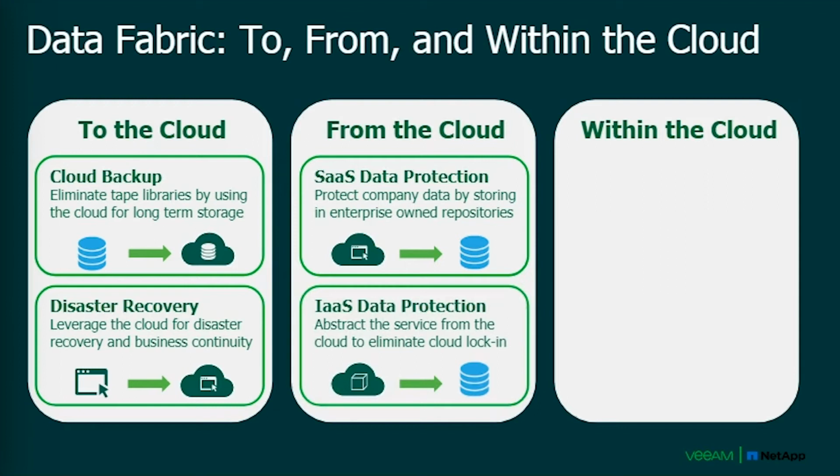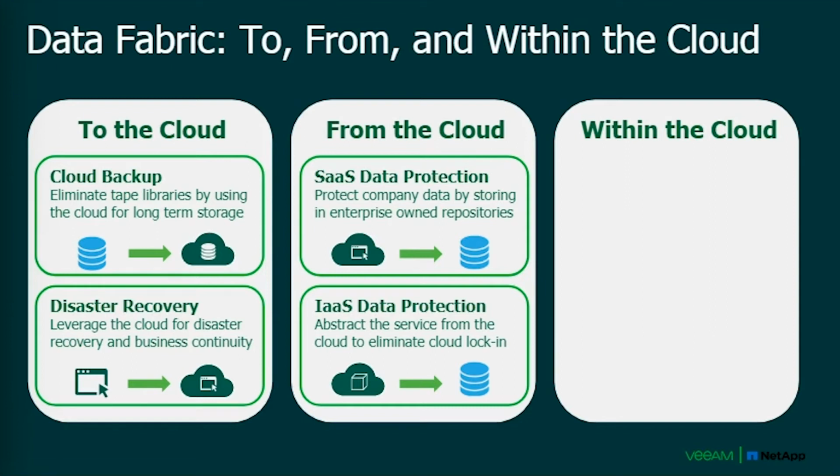Infrastructure as a service data protection. So think cloud native workloads. Think of native applications deployed in Azure or AWS as native infrastructure. The ability to not only protect this data as it resides in cloud native formats, but also redirect those applications back on-prem, so from the cloud.